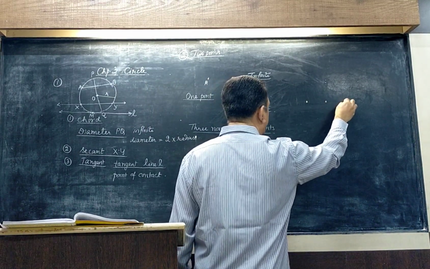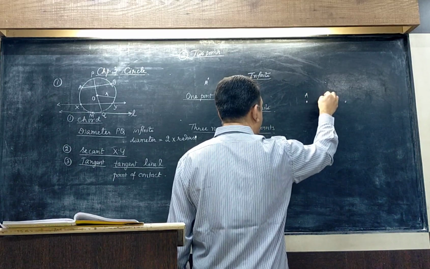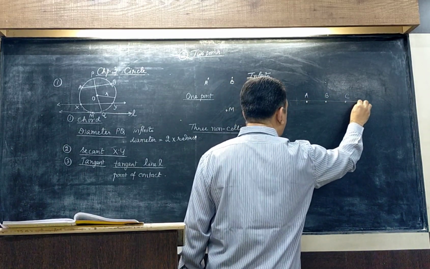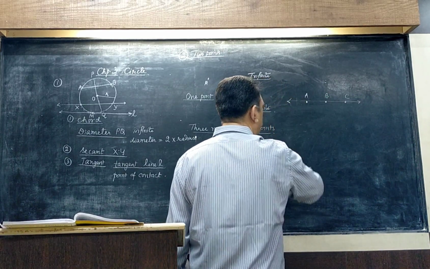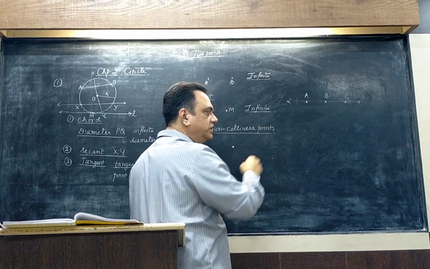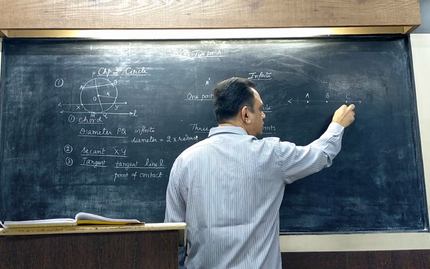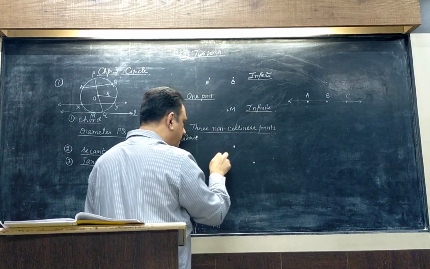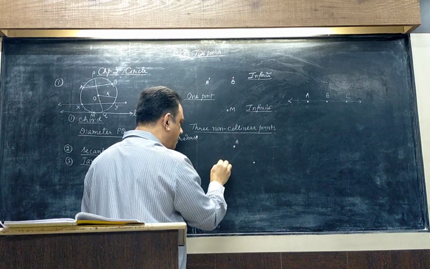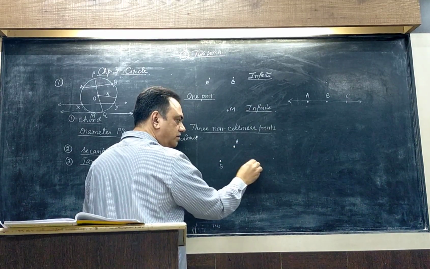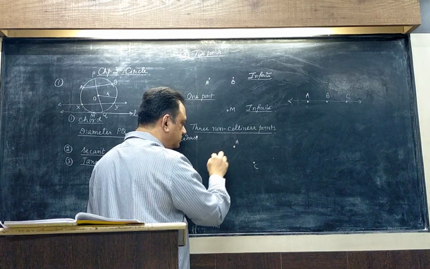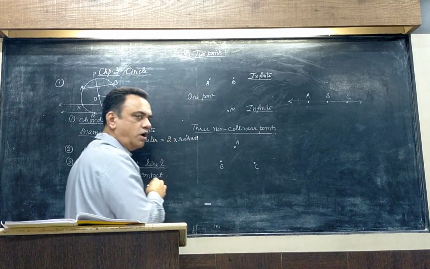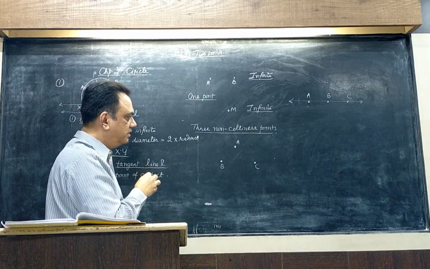If I draw points like this, A, B and C, I can draw a line passing through these three given points. So these points are called collinear points. And if I make the points like this, A, B and C, there is no line passing through these three given points. So that is why they are called non-collinear points.